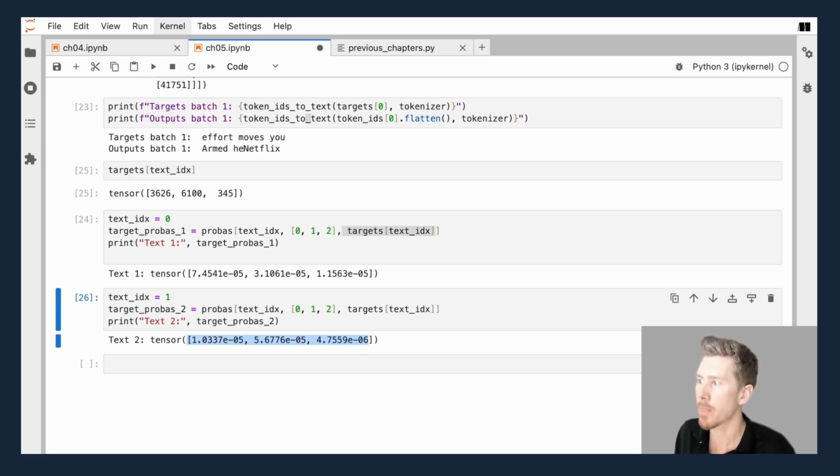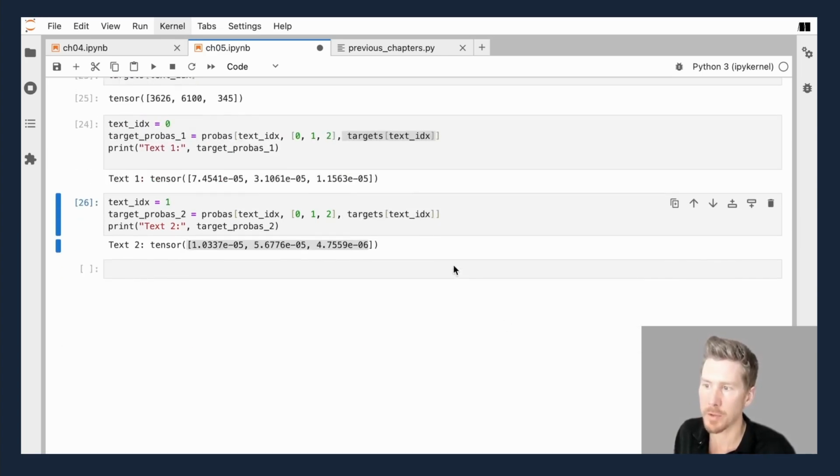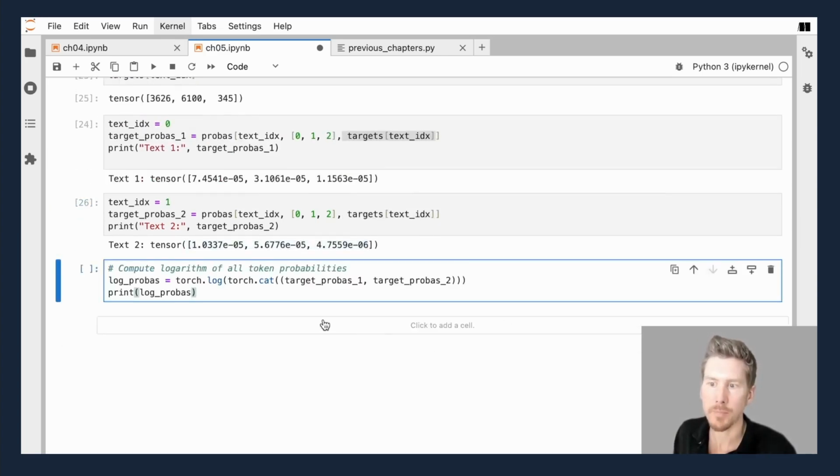For that, it's a multi-step procedure. We first compute the logarithm of all token probabilities. I have a whole lecture on why log probabilities; it will make it a bit simpler during optimization. There's something called maximum likelihood. If you've never heard of this, don't worry about it.